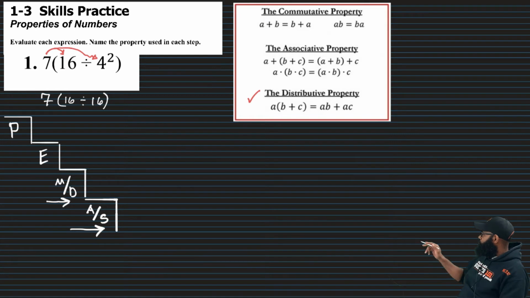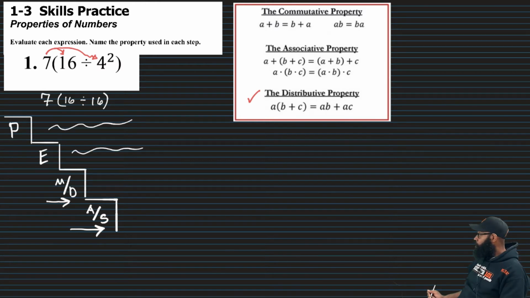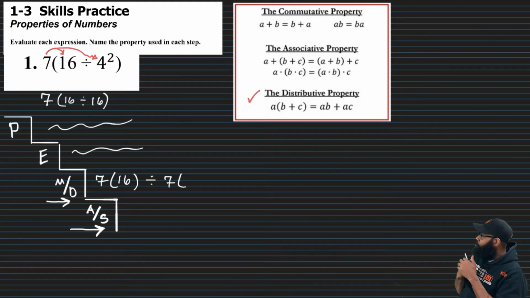And now, dragging out, I just recognize what I see, multiplication and distributive property. So 7 times 16, and then divided by 7 times 16. And again, guys, it's just me choosing one of those properties to use. But ultimately, we all knew 16 divided by 16 is 1.